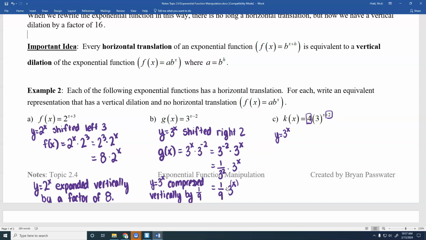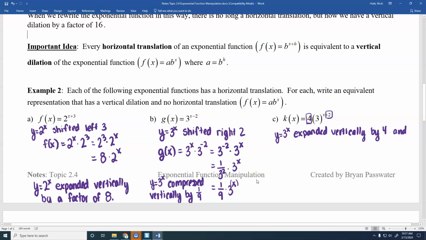Okay? So what does the 4 do to this graph? Expanded vertically by a factor of 4. And what does the plus 2 do?